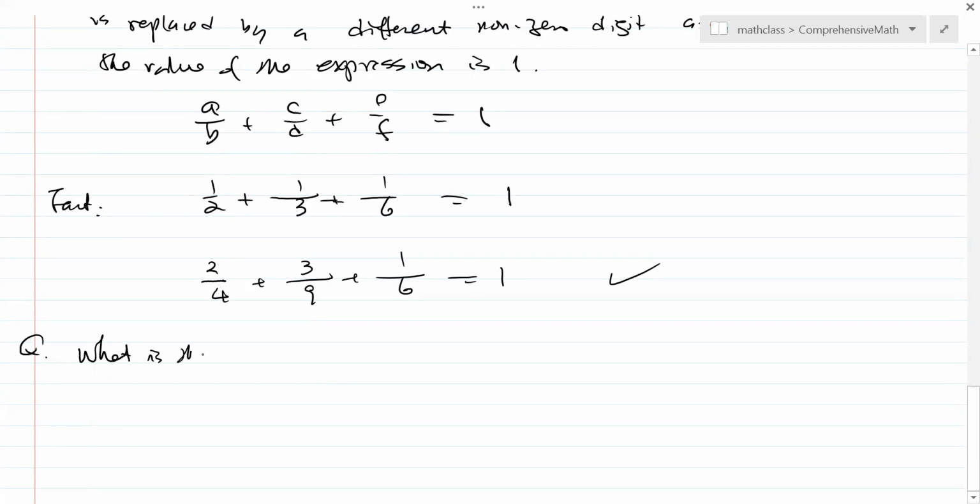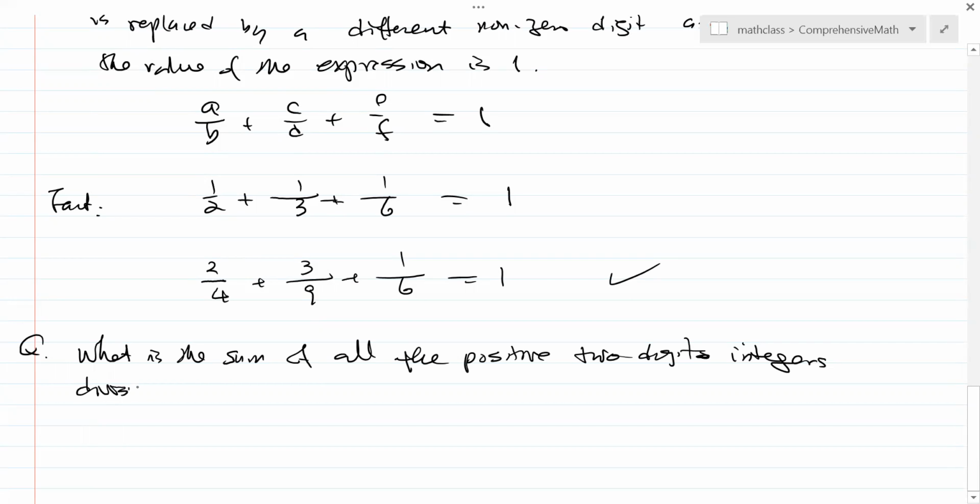What is the sum of all the positive 2-digit numbers which are divisible by both the sum and the product of the digits?